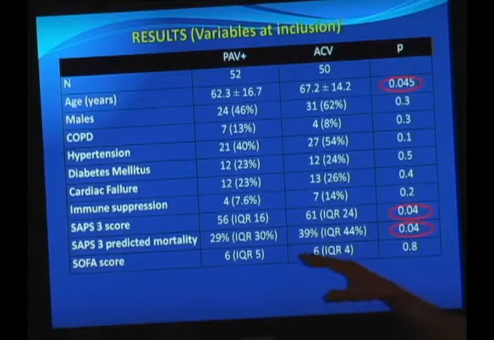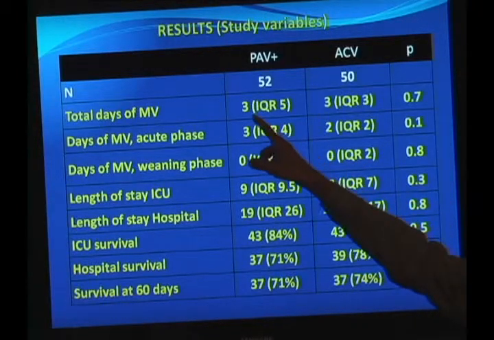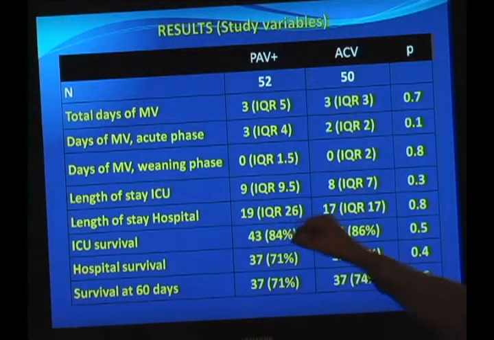If we look at mortality, but remember that our first objective was to reduce the days on the ventilator. So with this data, these were our results. As you can see directly here, nothing significant happened. So this is a negative trial. We failed to find a difference in the total days of mechanical ventilation.